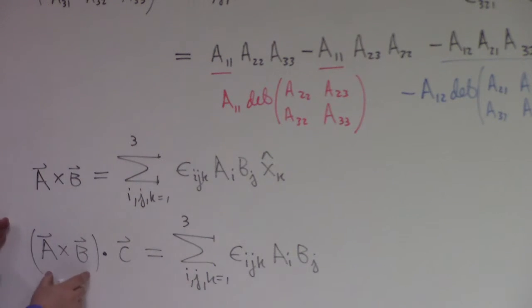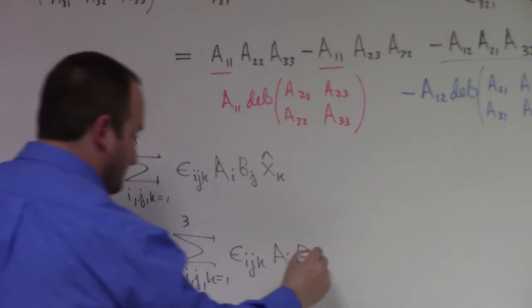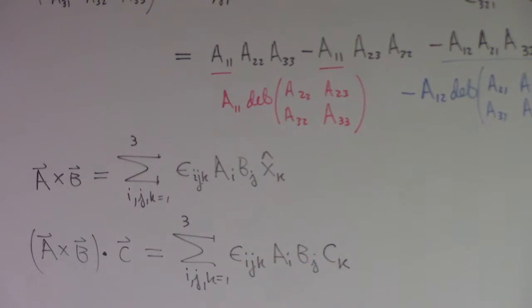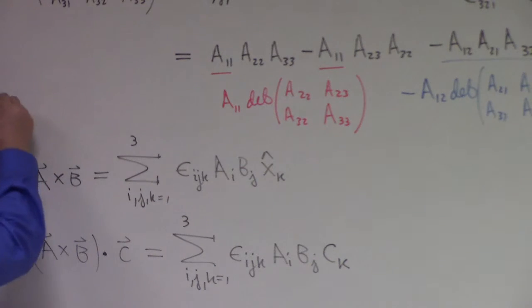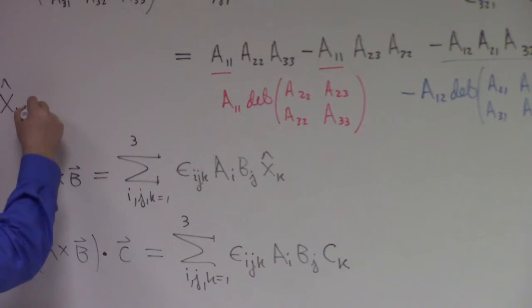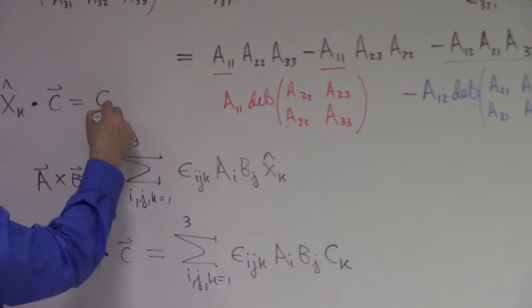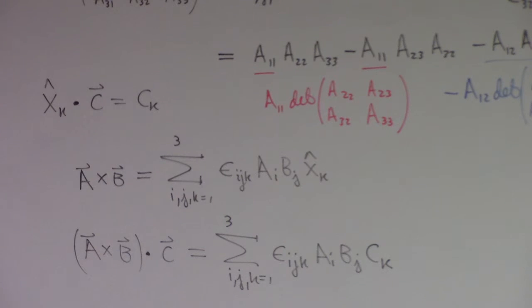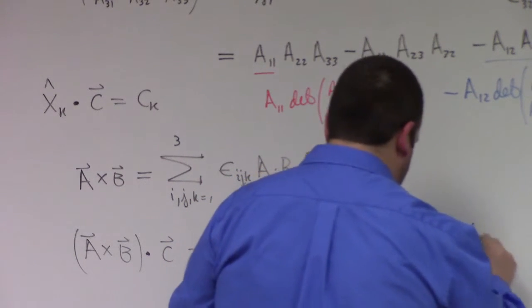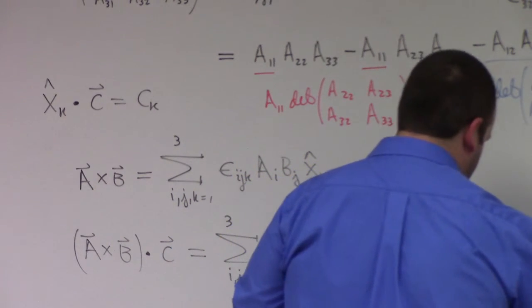And think about what happens if you take the dot product of this with C. You're going to pick up the ck component, because x hat sub k, the unit vector in the k direction, dotted with the c vector just gives you the kth component of c. But this is nothing more than the determinant of A, B, C.